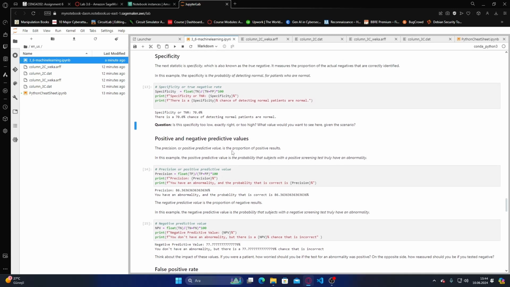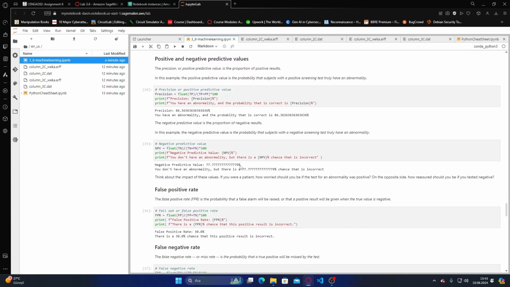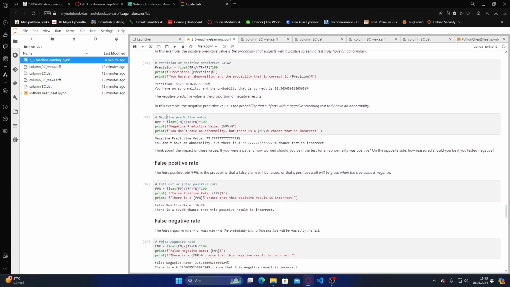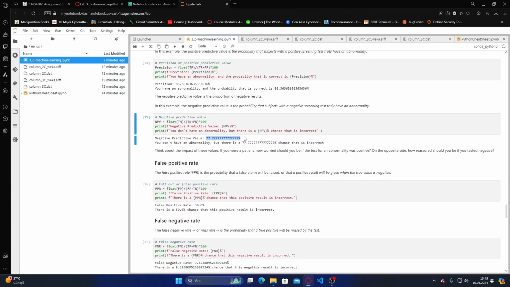For the precision, or positive predictive value, the proportion of the positive values is calculated by true positive divided by true positive plus false positive, times 100. Within this precision, it's given here. Actually, it's a good value. And this is true negative divided by true negative plus false negatives. This is the negative predictive value. It's 77 point something.